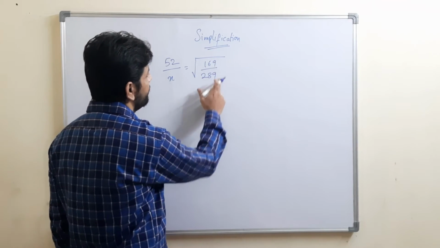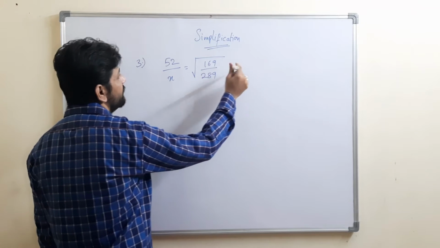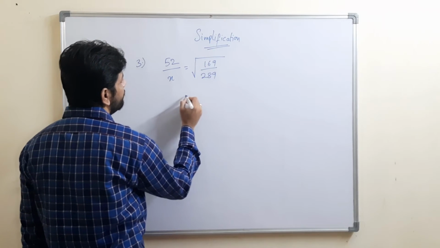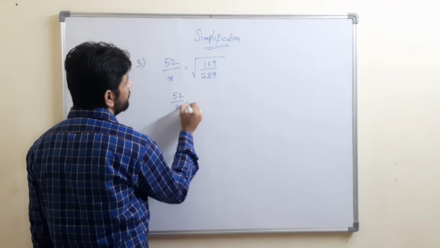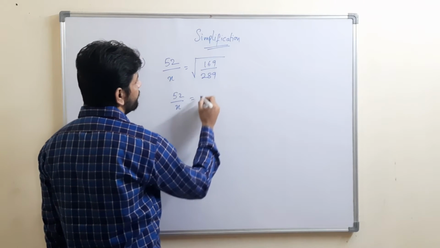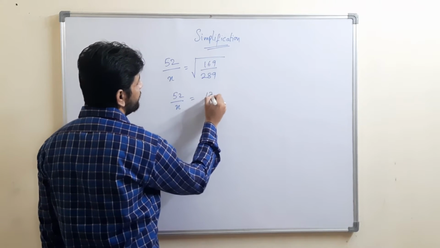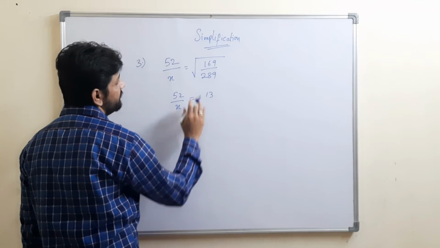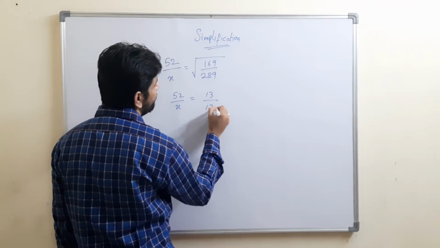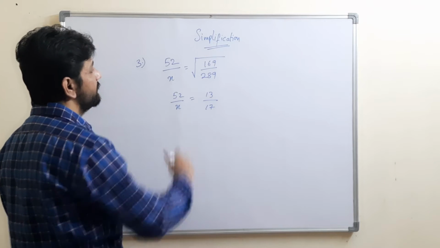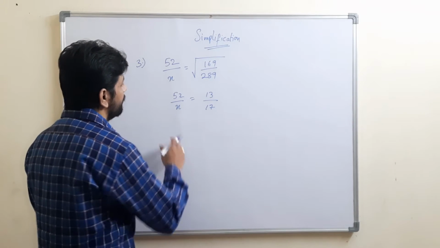The square root of 169 is 13, and the square root of 289 is 17.